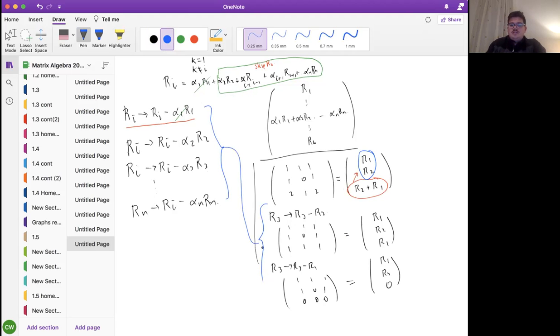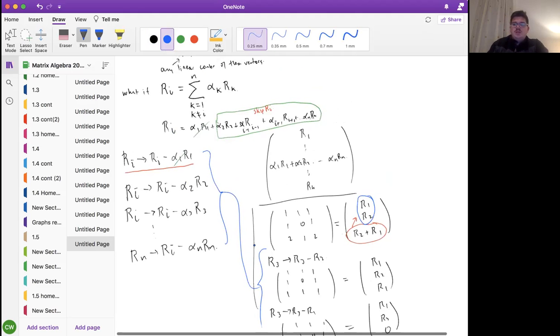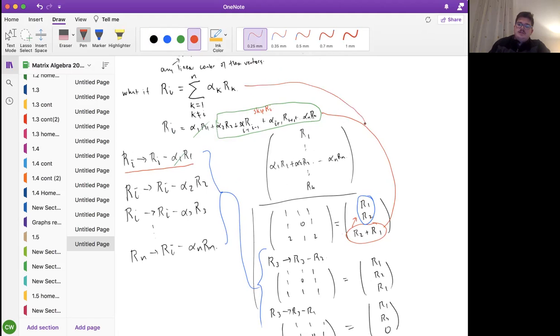You see how they're the same? In this case, the alpha 1 and 2 are 1.